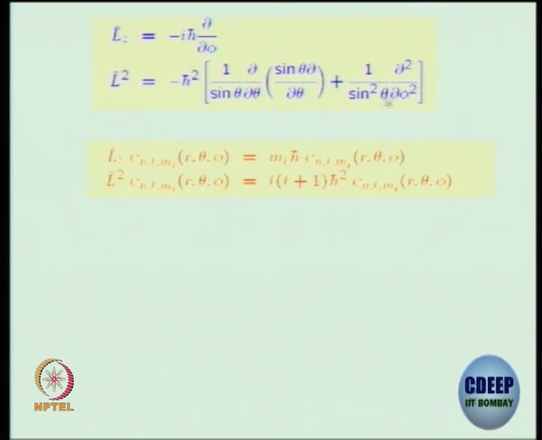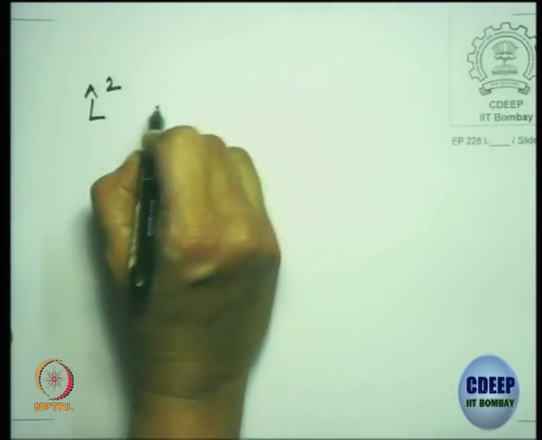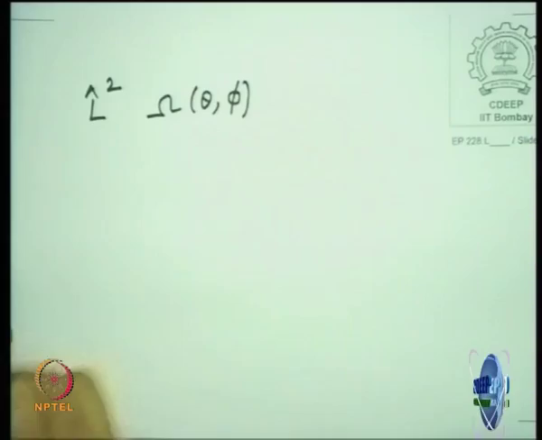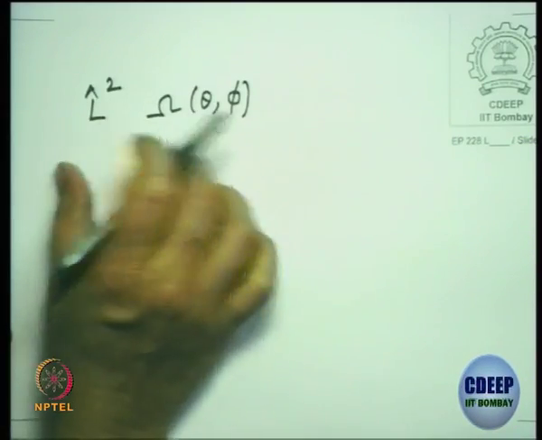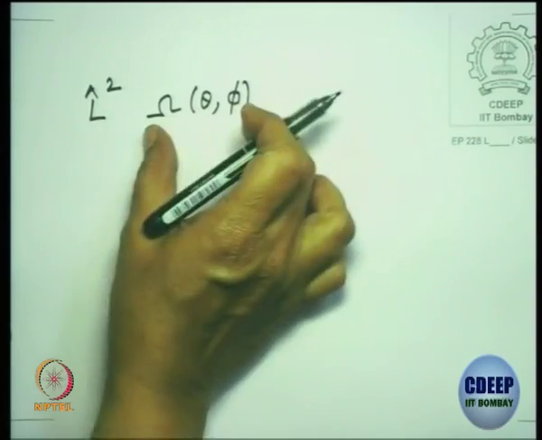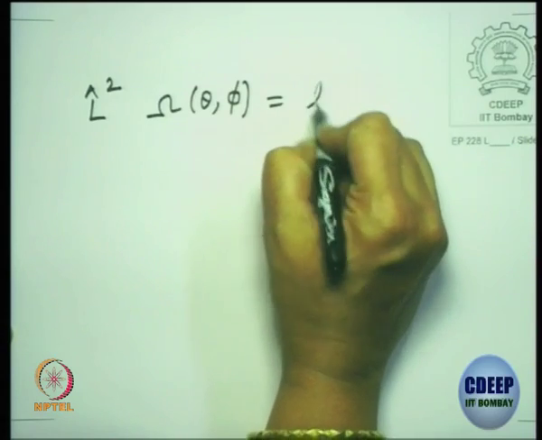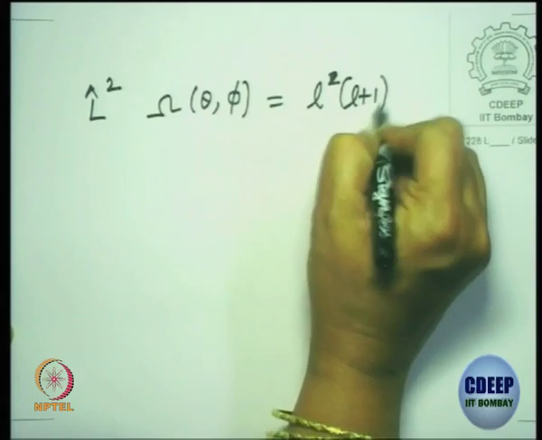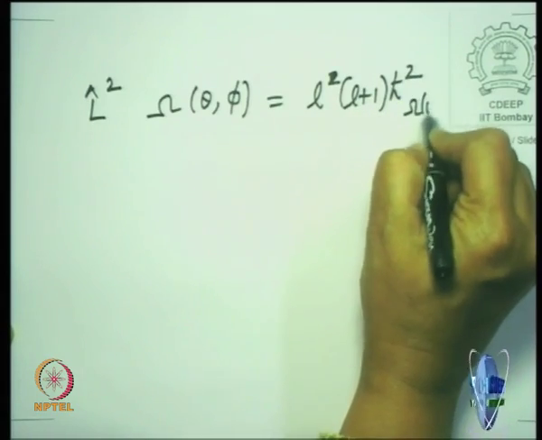Please go back and look at the theta phi part of the wave function, and you can see that you can pull out an eigenvalue which is not L squared but l into l plus 1 times h cross squared. So the L squared operator on Omega of theta phi is exactly like the differential operator that was in front of Omega of theta phi, and you can show that it gives l into l plus 1 times h cross squared on Omega of theta phi.